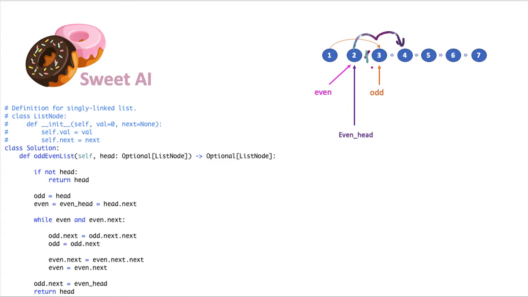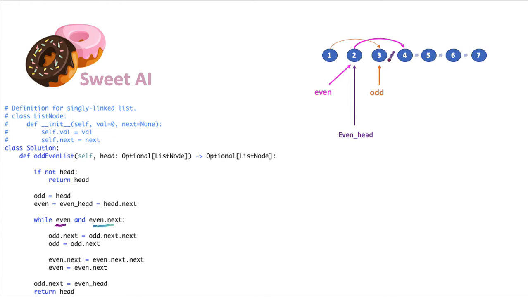After every single odd there is an even, and this one is going to point at the next node with even index, right? And as I mentioned, we are going to iterate over this until there is a node with even index and there is a node after that, right?